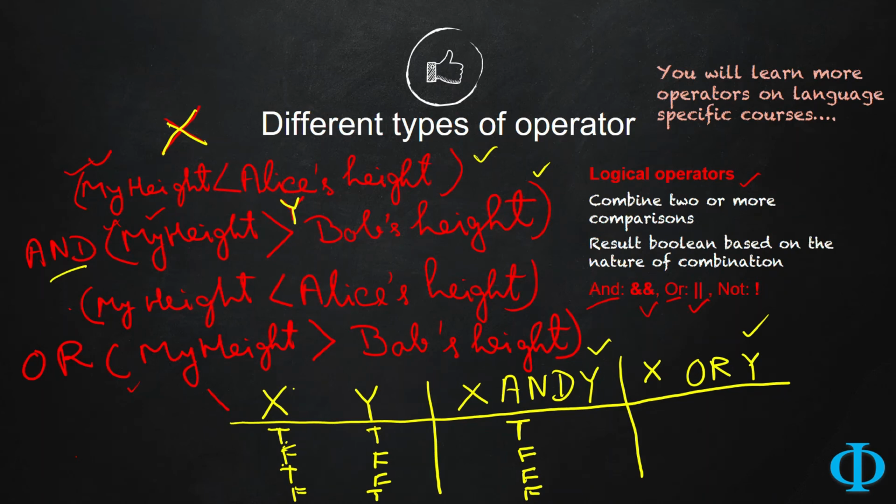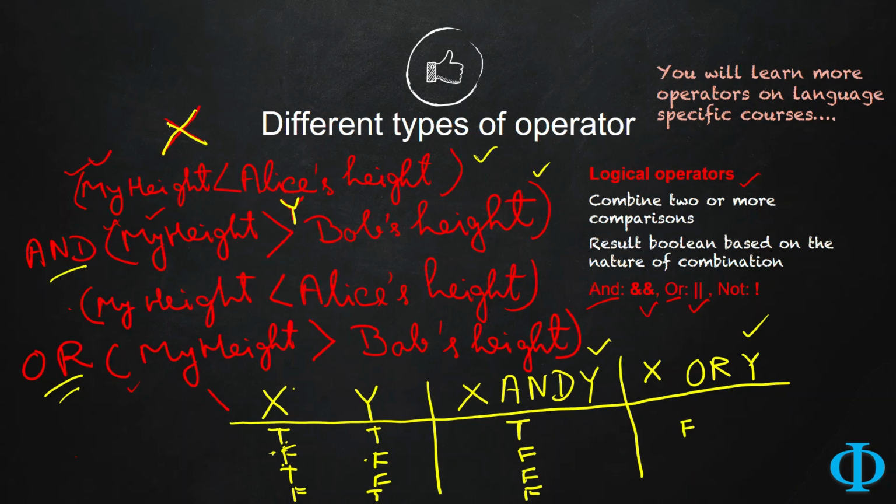Now, what is the meaning of OR? Just try to make an English sentence out of it and everything will be clear. Here you are checking whether my height is less than Alice's height or my height is greater than Bob's height. So if either of the comparisons is true, then the value will be true. It will be false only if both the operands are false.